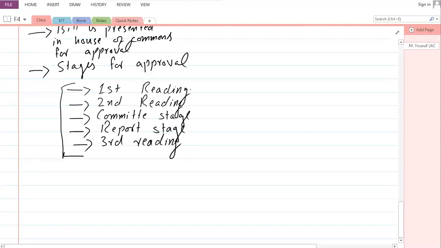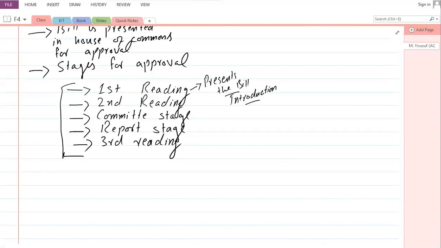In first reading, the presenter presents the bill, and tells about the introduction of the bill, the reason of the bill, why that bill is presented, what the purpose and objective is in society.